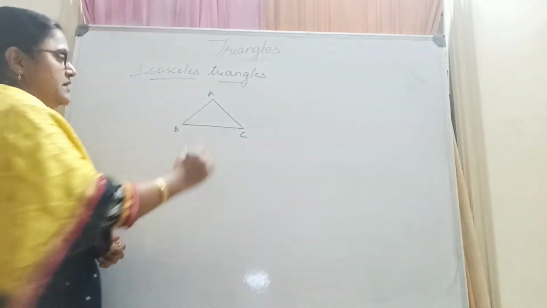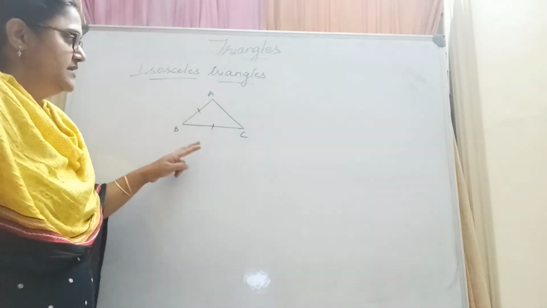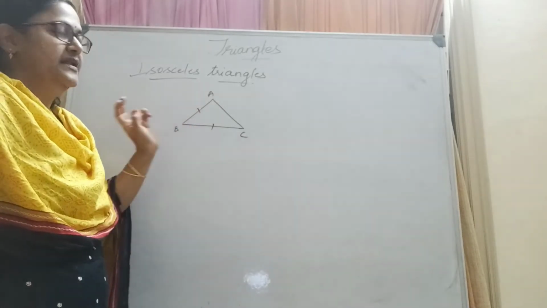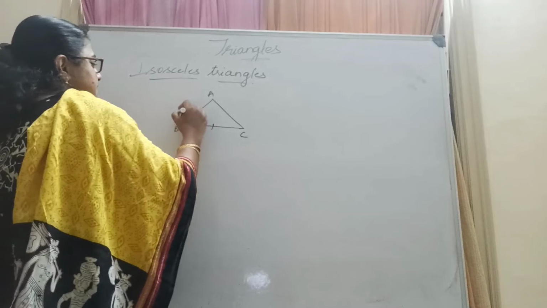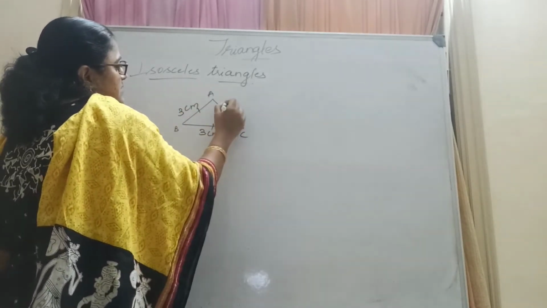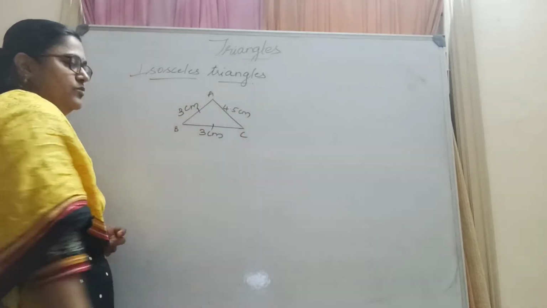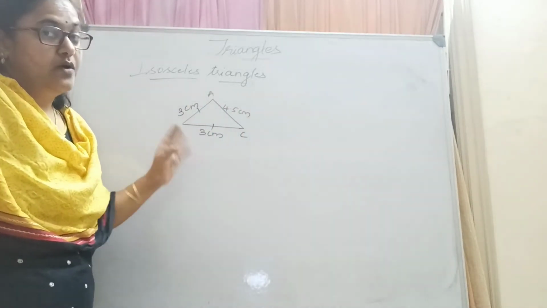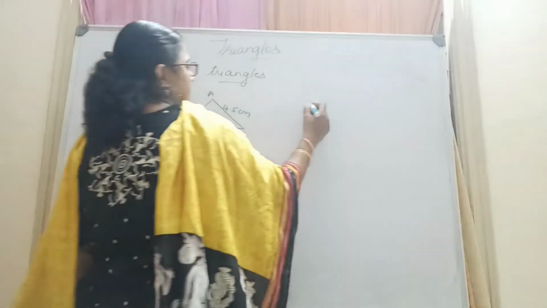Say for example, side AB will be equal to side BC. In this case, the triangle is an isosceles triangle. Any two sides will be equal to each other. Say this is 3 centimeters, this is also 3 centimeters, and this is 4.5 centimeters. Now AB is equal to BC. There is no rule that always AB only should be equal to BC. We will take another triangle and check.